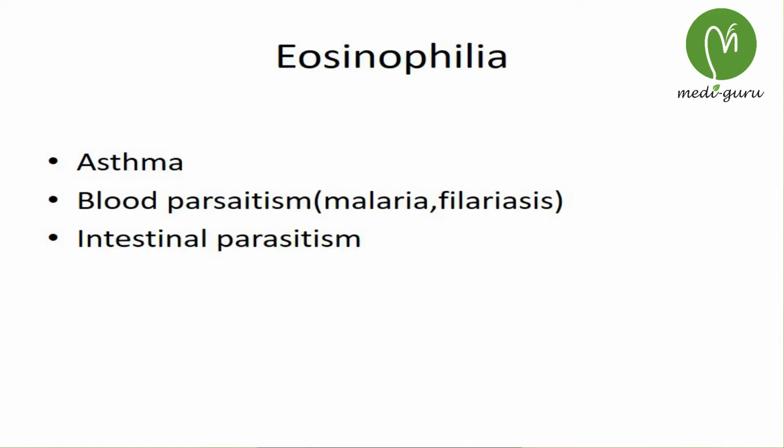Eosinophils actually constitute about 1 to 6% of the total leukocytes, and their main function is to perform allergic reactions and to resist parasites. Okay, so when the eosinophil count is raised above 6%, it is called eosinophilia, and it is more common in allergic reactions, especially the type 1 hypersensitivity reaction.